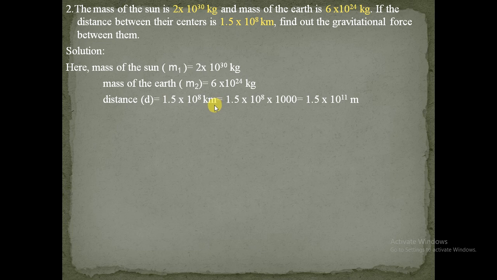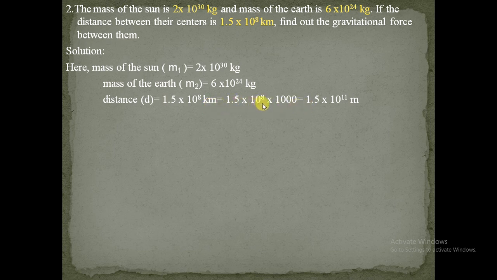Okay, now we have to think a little bit on this point. Here the distance is given in kilometer. Mass m1 is given in kilogram, which is the SI unit of mass. M2 is also given in kilogram, the SI unit of mass, but the SI unit of distance is meter. But here the distance is given in kilometer. It means that we have to change the kilometer into meter.